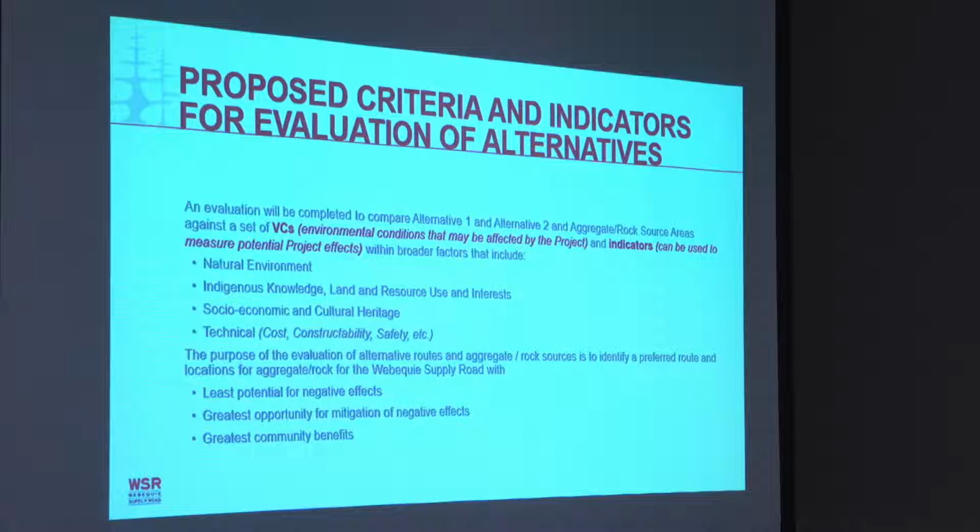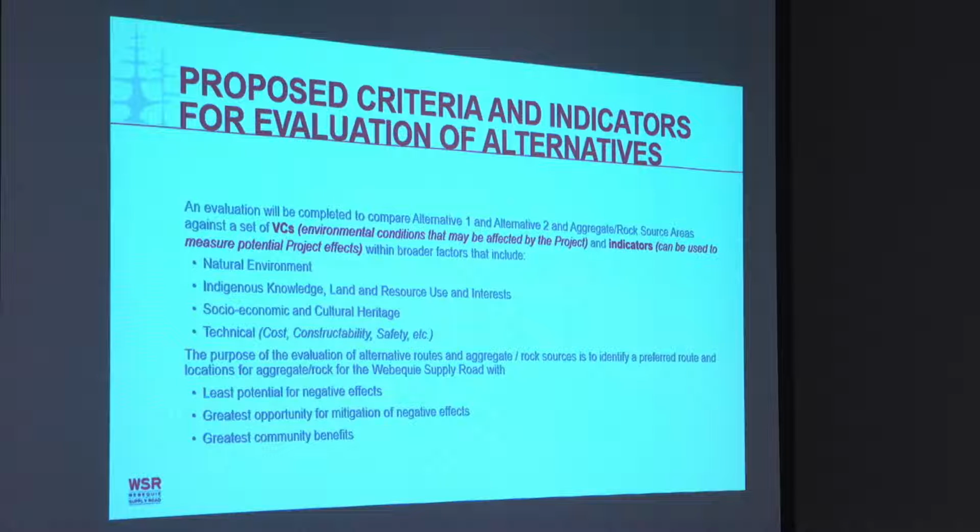So when we evaluate the alternatives, we look at proposed criteria and indicators, so we go through that process. It's not just a simple process. We have to go through sort of a deep analysis when we're comparing these different alternatives as well. And there's lots of factors involved.